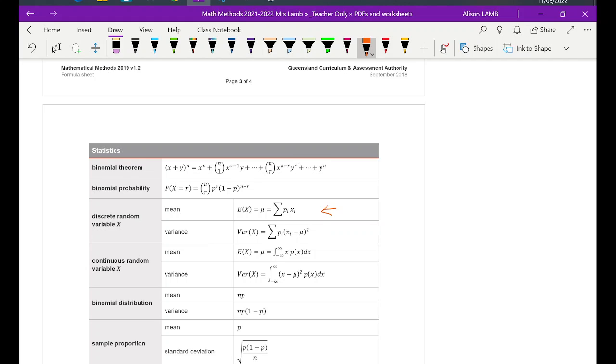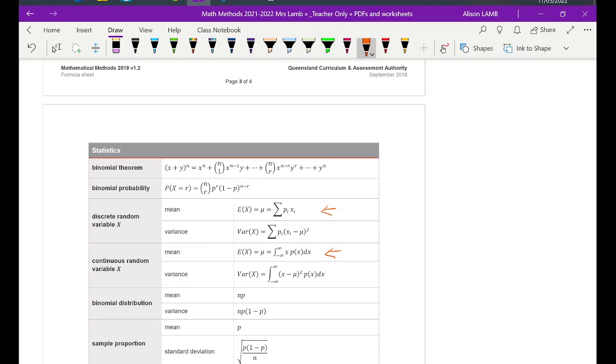And for our continuous random variable, you can see we've got from negative infinity to infinity, x times the probability of x. We're thinking of that as our probability function, so we can use f of x there.